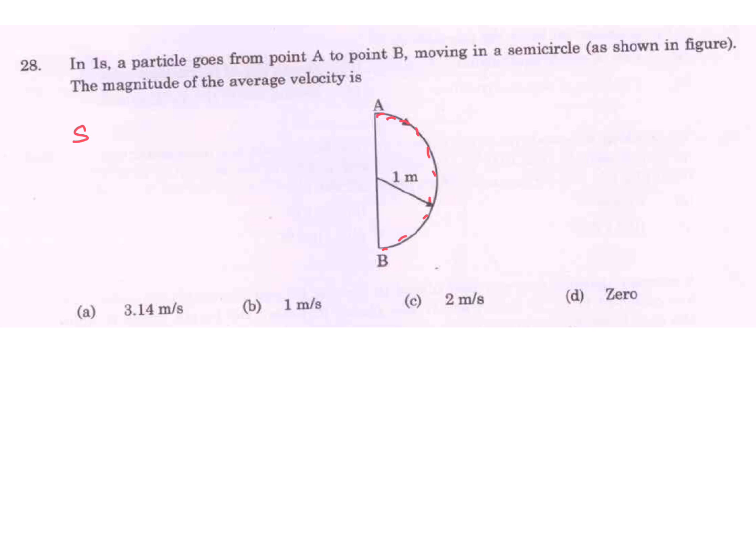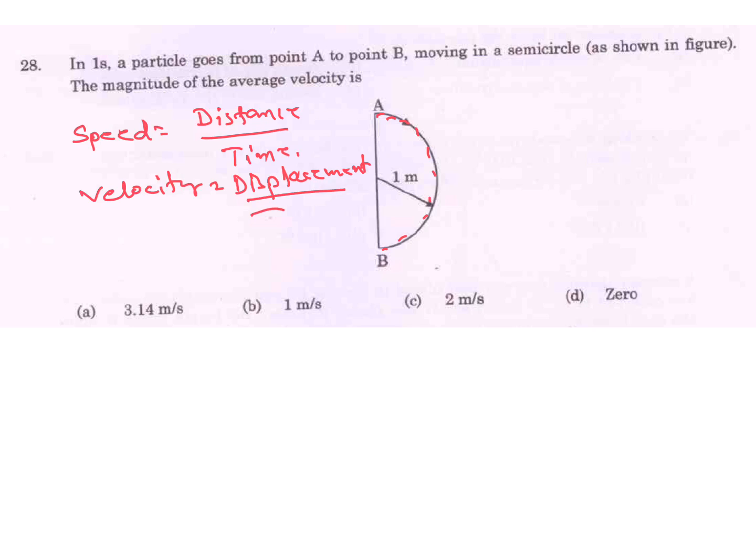Here speed equals distance by time, and velocity is displacement by time. So in this question we have to calculate velocity.